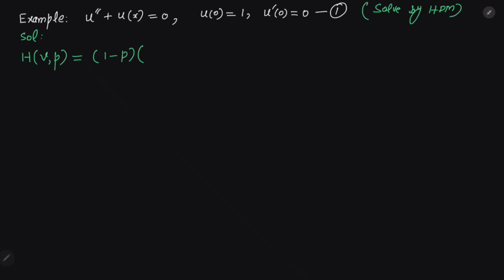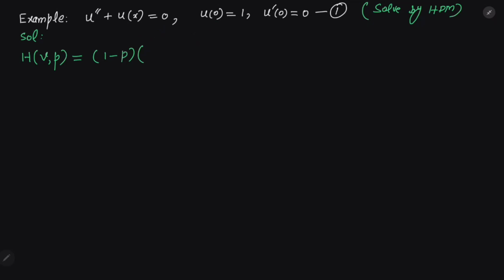For example, here the simpler problem can be u double dash plus u equals 0. Although this problem is not very difficult to solve, you can simply solve it by m square plus 1 equals 0, m is equal to plus minus iota, then you get sine x, cos x, etc.